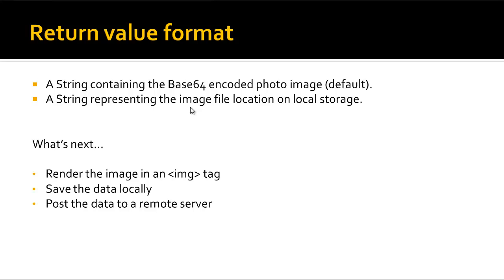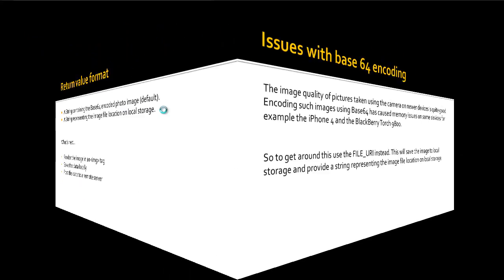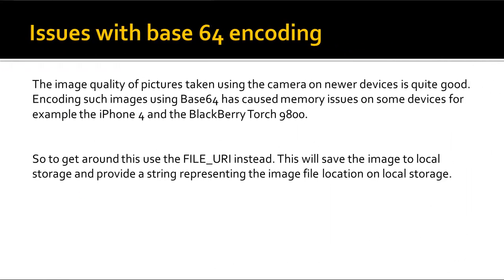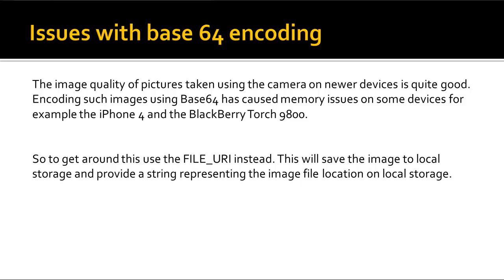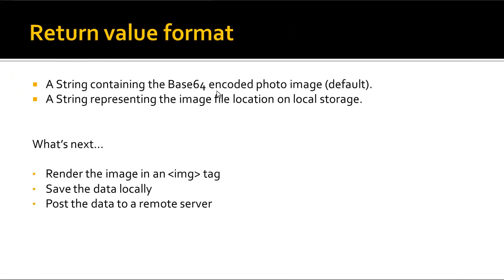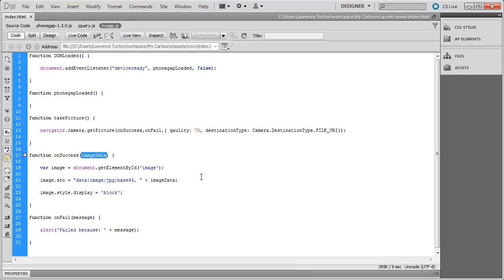Now that we've done that, we need to slightly change the parameter that we are passing in, because this image data parameter is only good for the base 64 encoded format. Obviously, with the file URI, it's going to be pointless because we are not getting the image data. It's not a massive string, it's just pointing to the location of the file.